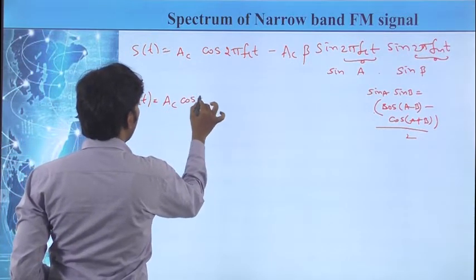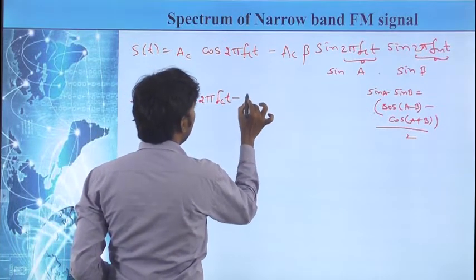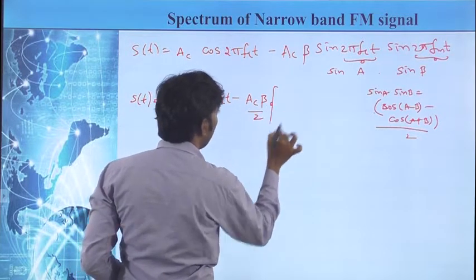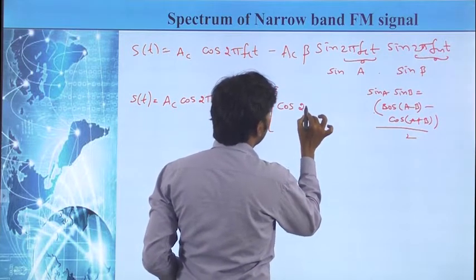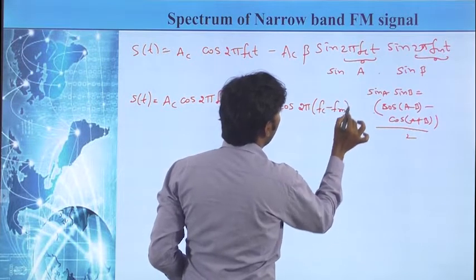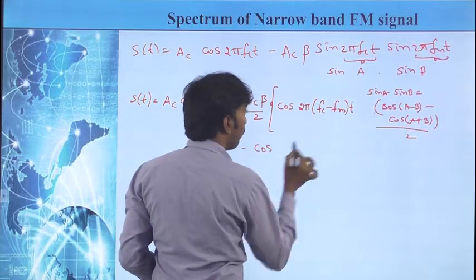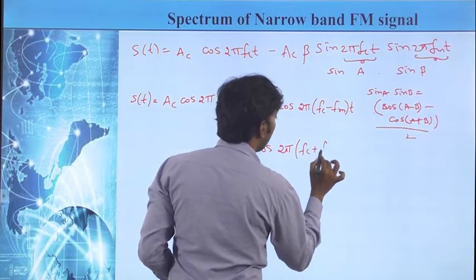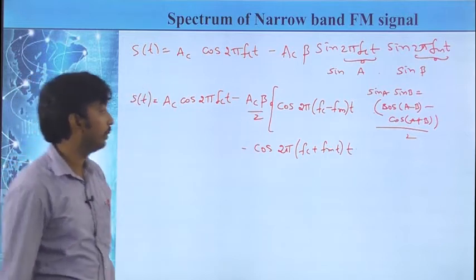Ac cos 2πfct minus Ac beta by 2, cos of A minus B, that is nothing but cos of 2π(fc minus fm)t, minus cos of A plus B, cos of 2π(fc plus fm)t, and by 2 I have written by taking this out.